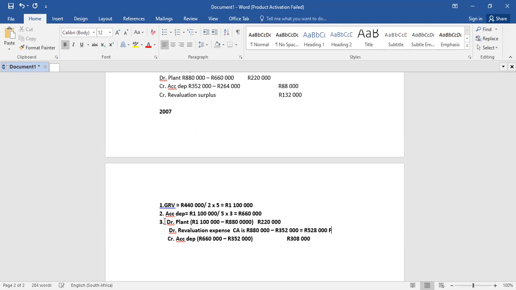528,000. And i-value esinikezwe ubani u-440. I-revaluation expense izokwenzeka if i-carrying amount inkulu kune-fair value. So i-revaluation expense yethu ubani-ke u-88,000. Then ama-side akho wo-2 asezobalance.